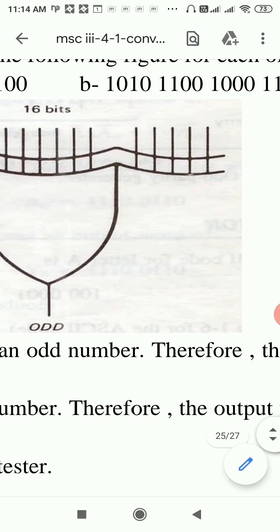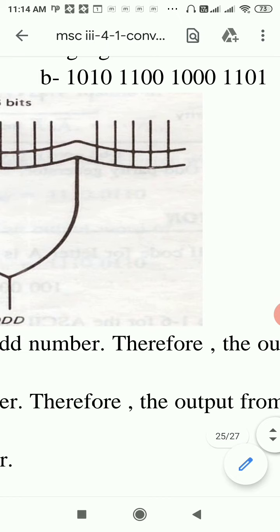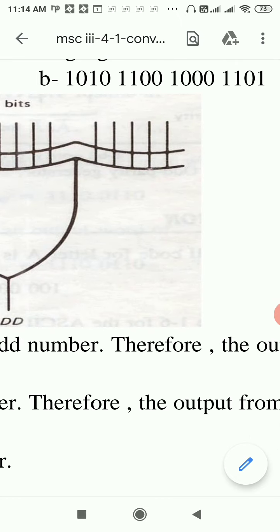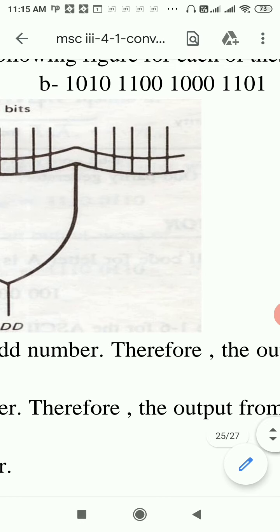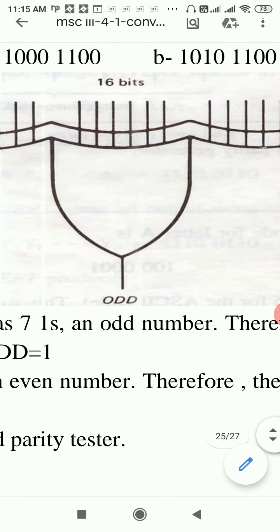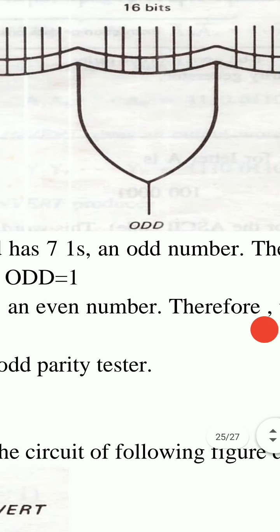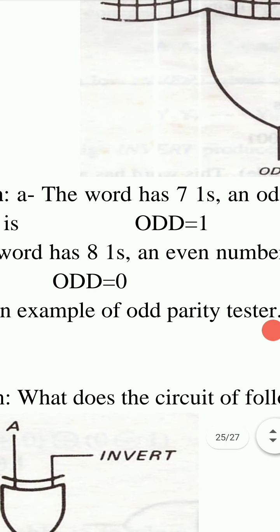In this second part, how many times does 1 appear in this word? It appears 8 times, which is even parity word. So output of exclusive OR gate, that is represented by odd, will be 0.